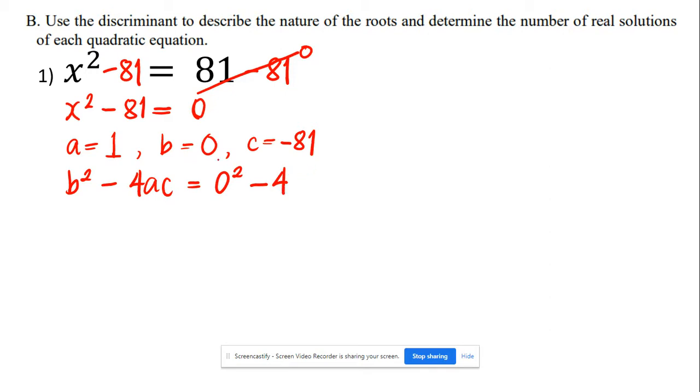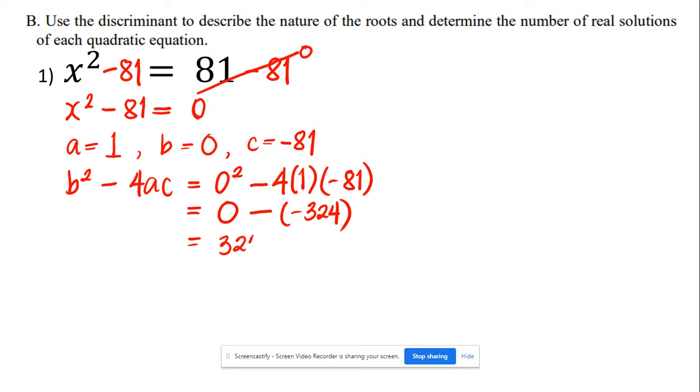Multiplied by a, which is 1, and by c, which is negative 81. Compute further and we'll have 0 minus negative 324. Finally, we obtain positive 324.